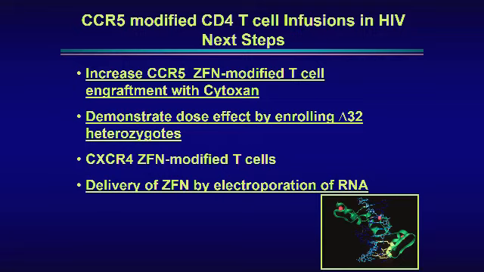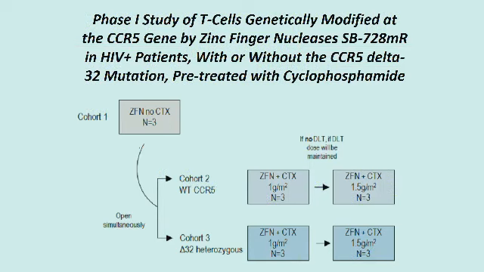So next, move to not only preconditioning with Cytoxan, but study enrolling delta 32 heterozygotes and delivering the zinc finger nucleases by RNA electroporation. And this is a study that we've had open at Penn with 3 cohorts.